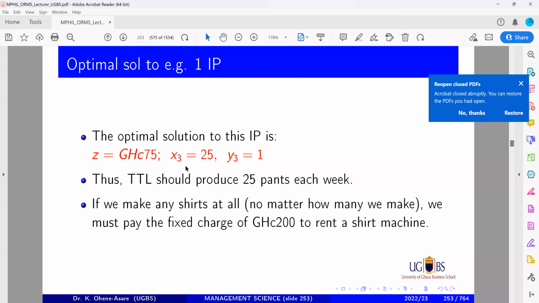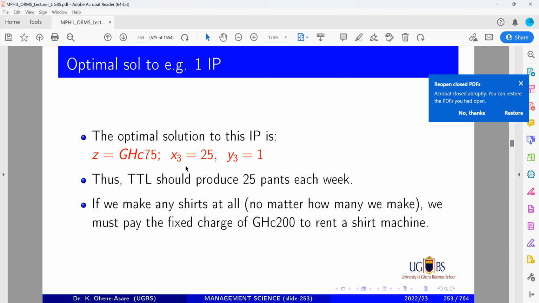And like I said, oh no, I think I mentioned 100, but it's supposed to be 200. If we make any shirt at all, no matter how many shirts we make, we must pay the fixed charge of 200 to rent a shirt machinery.